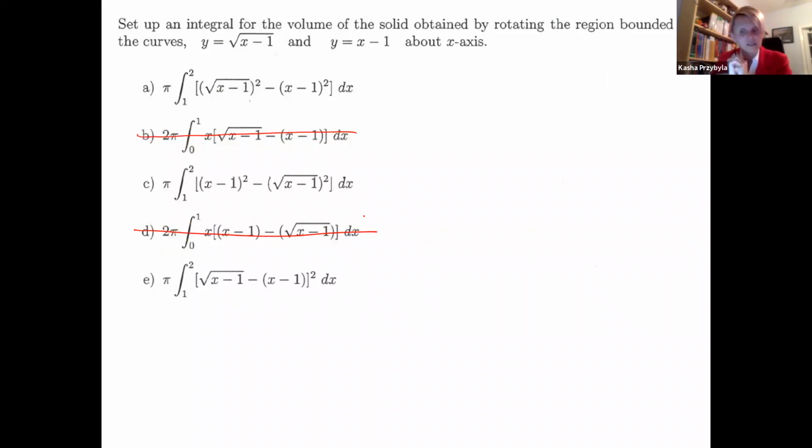Okay, set up an integral for the volume of the solid obtained by rotating the region bounded by square root of x minus 1 and y equals x minus 1 about the x-axis. Since we're rotating about the x-axis, we integrate with respect to x.